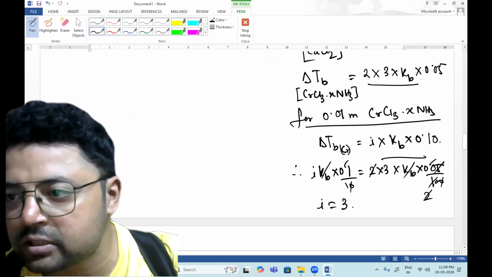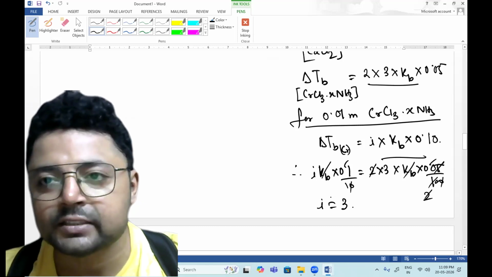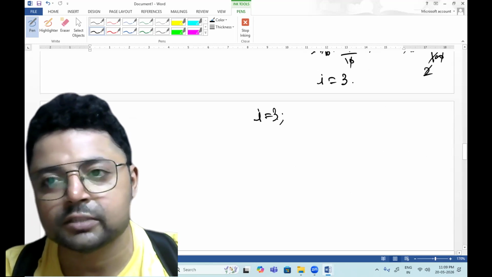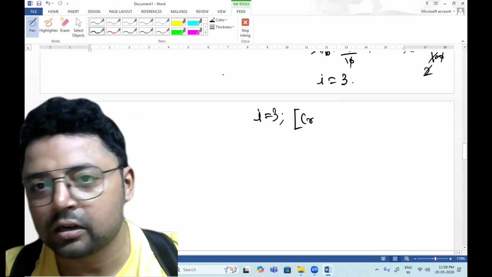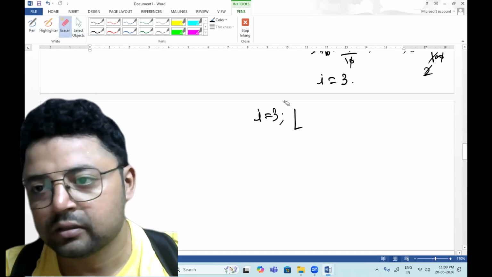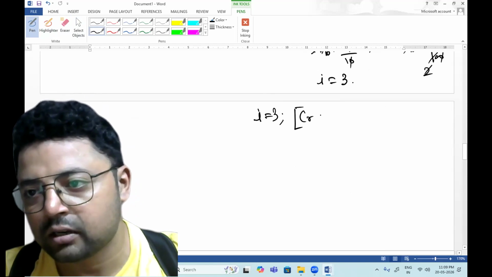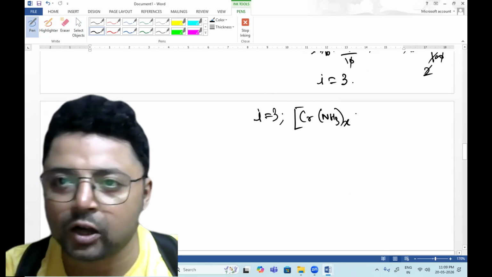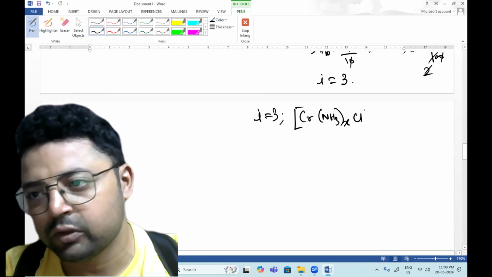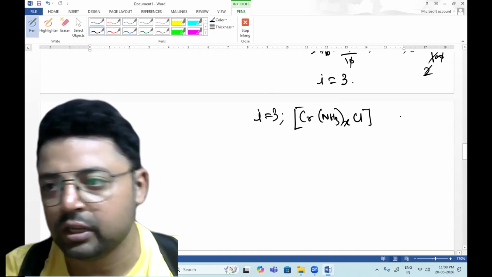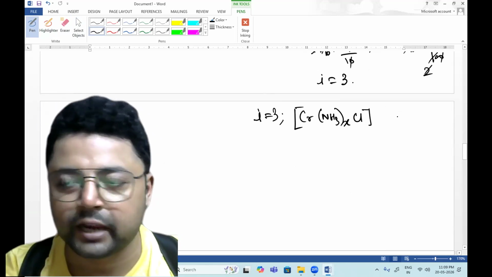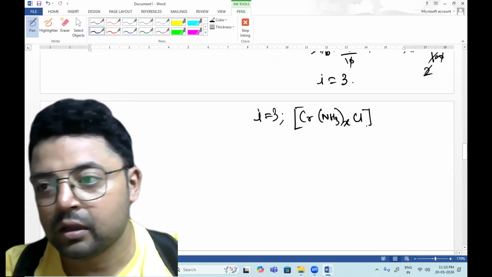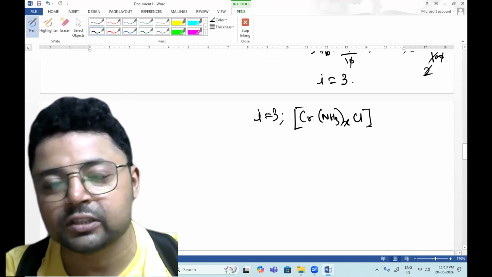So for this CrCl3·xNH3, i comes as 3. So what does this mean? i equals 3 means that the complex, Cr(NH3)x, will have one or two Cl in it. We do not know how many will be there out of 3, and there will be the others outside. Previously we didn't know how many Cl will be inside, but now as you have i = 3, it means 3 entities.